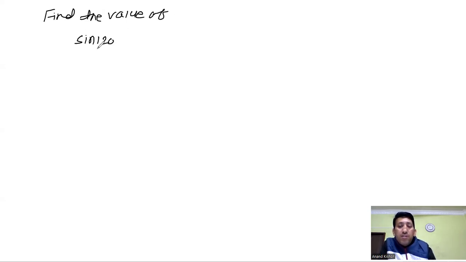Now we are writing some more important things. Find the value of sine 120, sine 150, cos 150, sine 210, sine 1050 degree.